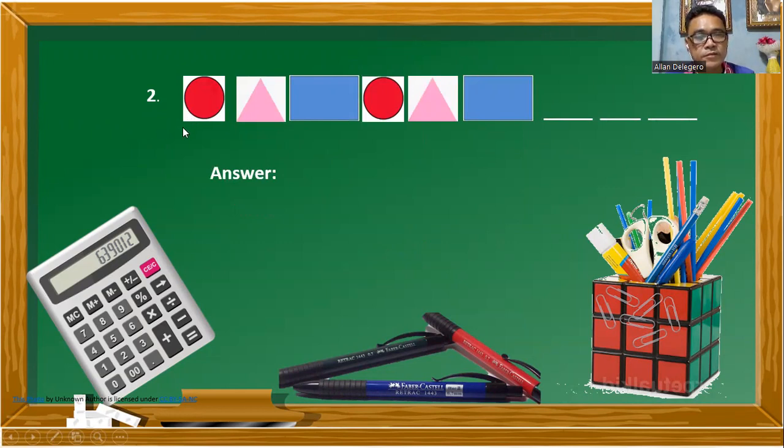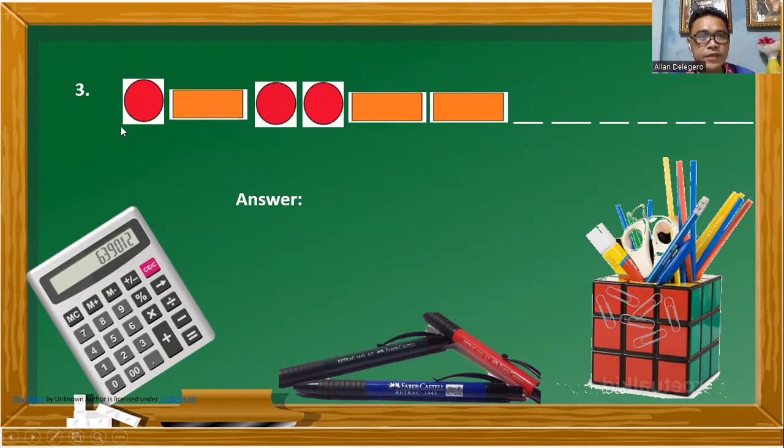Now look at this. Circle, triangle, rectangle, circle, triangle, rectangle. And what is your answer? For number 3, look at this.